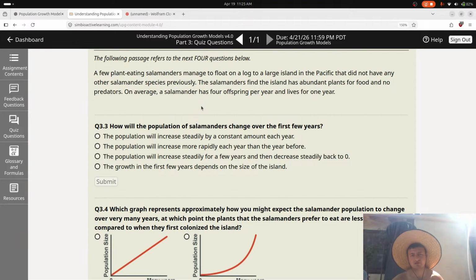A few plant-eating salamanders managed to float on a log to a large island in the Pacific.